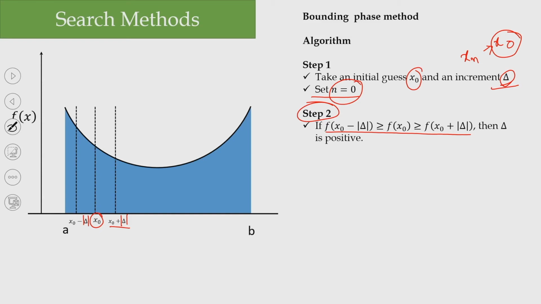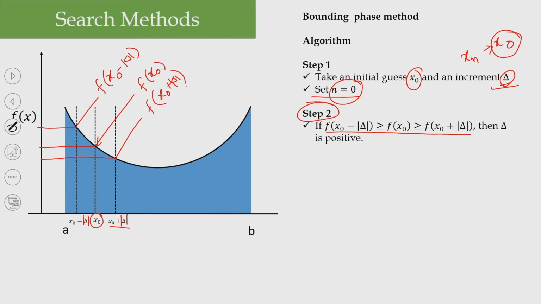You can see this is the value of f of x naught minus delta, this is the value of f of x naught, and this is the value of f of x naught plus absolute value of delta. I can find out these values from the y axis.